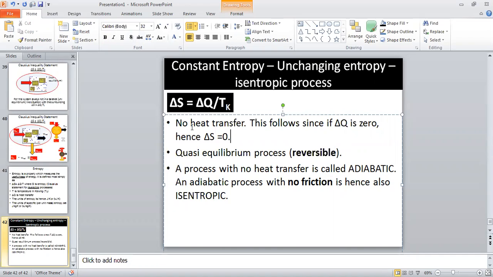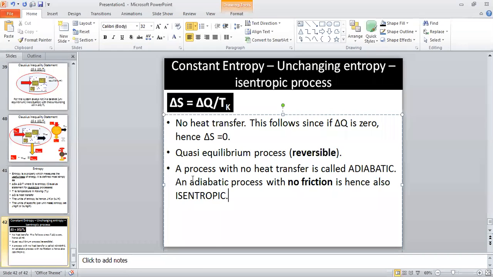For isentropic, when delta S means no entropy rise, there is no heat transfer. So heat transfer is zero, and for reversibility there is not even internal generation of heat.